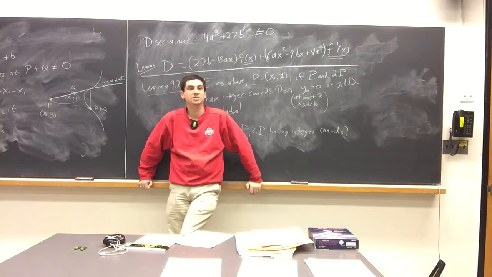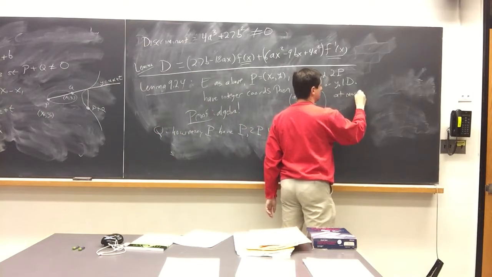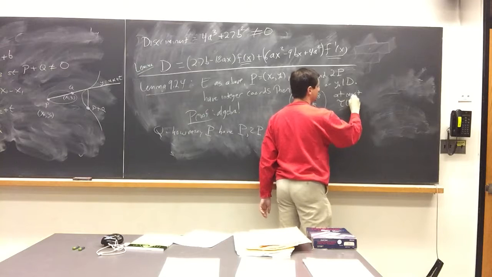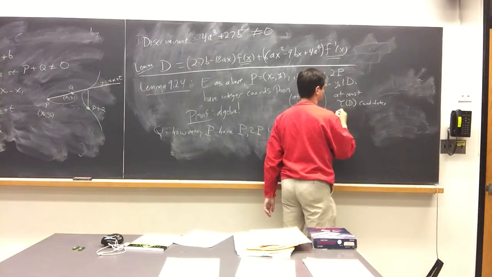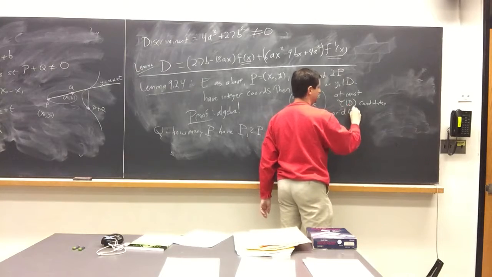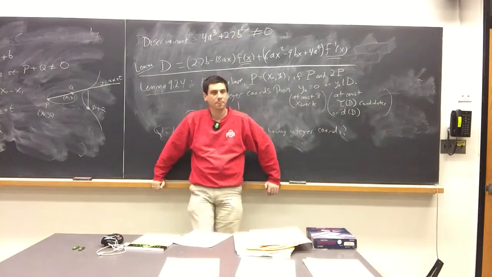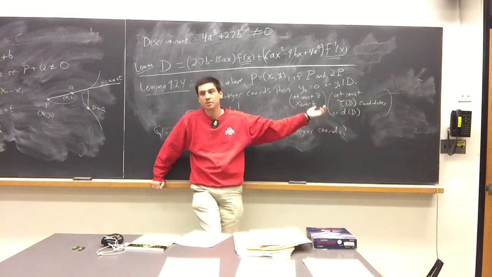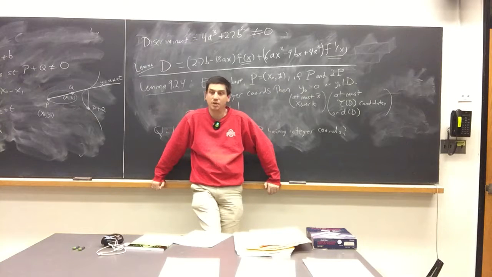And then you can ask, how does the number of divisors grow? So at most tau of d candidates. Or sometimes people write d of d. There are different notations you can use for the divisor function. So these functions we studied in elementary number theory earlier now come into play. They're giving us upper bounds on how many points like this there can be.